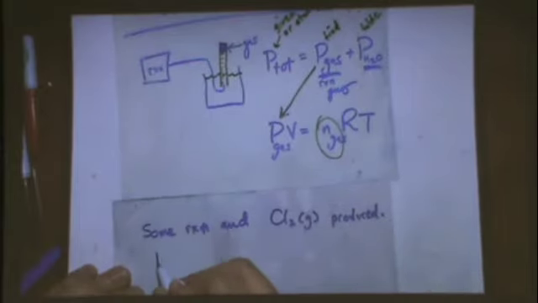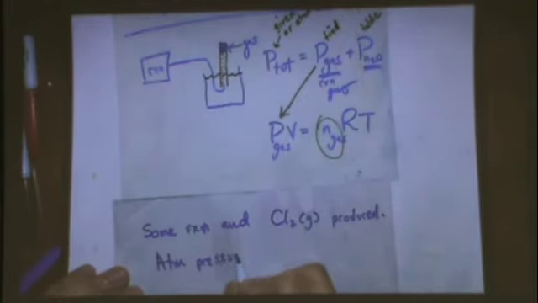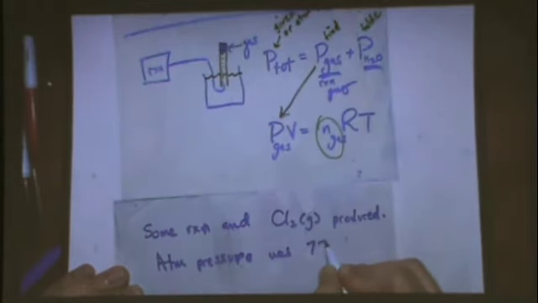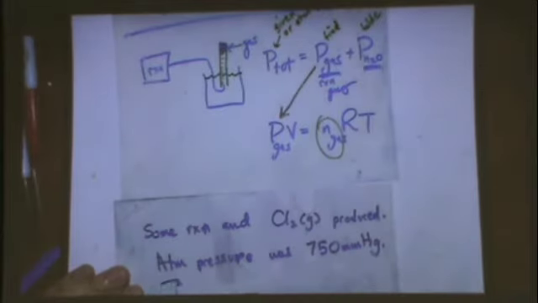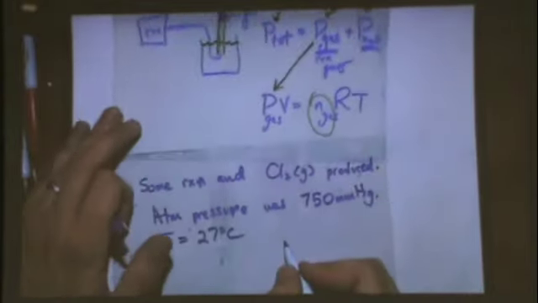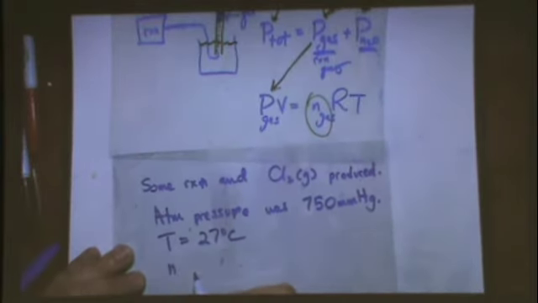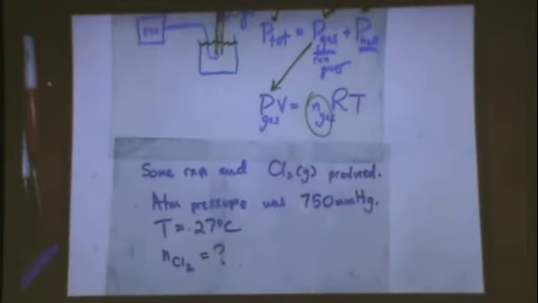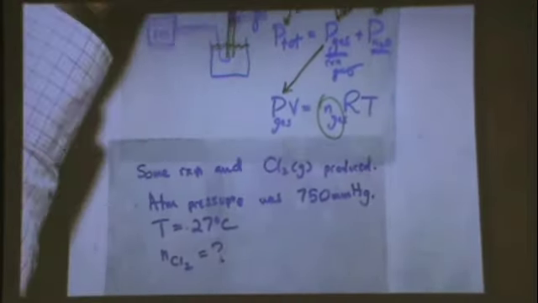I'll tell you the atmospheric pressure in that room, pressure was 750 millimeters of mercury. The temperature was 27 degrees C. And I want to know the moles of Cl2 gas. That would be your pretty much straightforward sort of question.